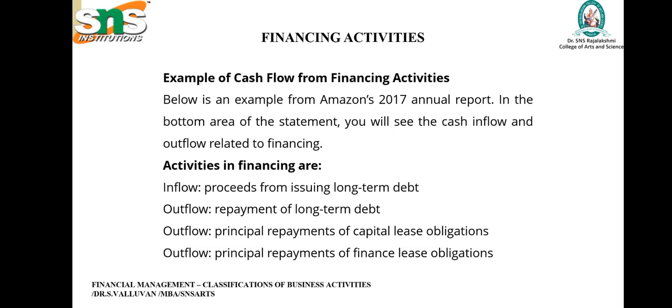And repayment of long-term debt. The company might repay some of the principal amount, or it may repay the entire principal amount. So cash is going out when the company makes repayment of debt. So this is cash outflow obviously.